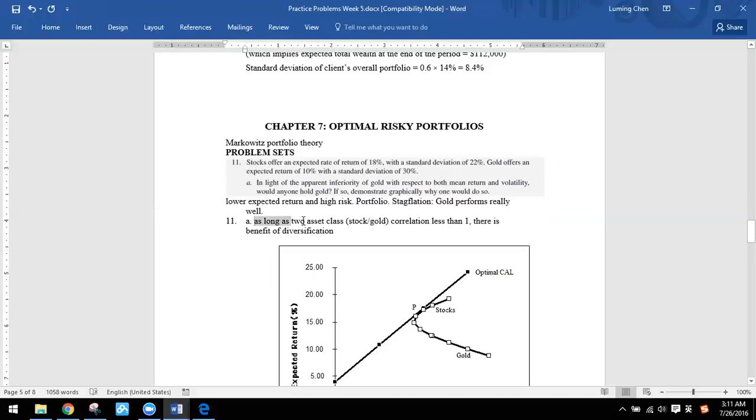So as long as the correlation between the two asset classes, stock and gold, is less than 1, there is a benefit of diversification. This is from the classical portfolio theory. And if the correlation of gold and stock is assumed to be -1, then it's a perfect hedge.